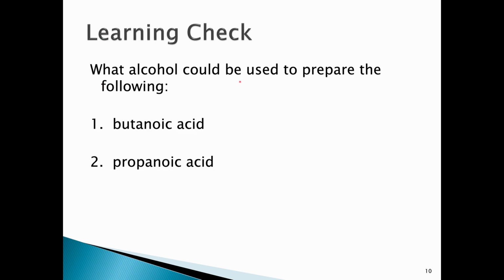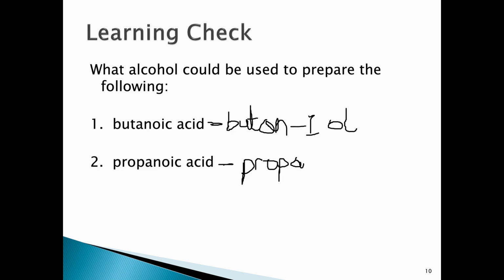This is a learning check where you're asked to note what alcohol could be used to prepare the following. You have your butanoic acid, and in question 2 you have your propanoic acid. Again, we're looking at your primary alcohols. The first one would be your butan-1-ol, and your propanol, which under IUPAC is going to be your propan-1-ol, to give you the position of your OH, your alcohol group.